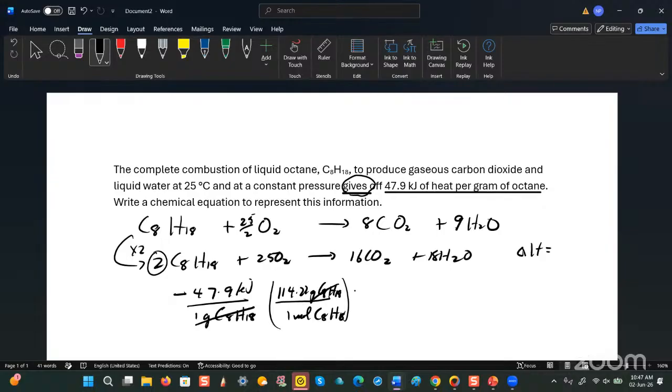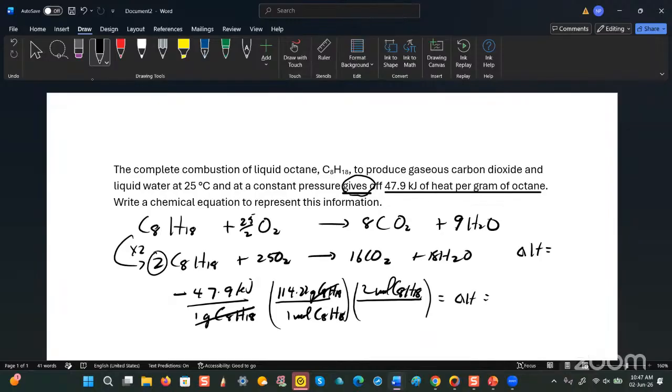And then the next step is that I'll multiply by 2 moles of octane, C8H18, based on the equation right here. And that value would be equal to the delta H, which is what we need to find. So let me do that calculation: minus 47.9 times 114.22 times 2.